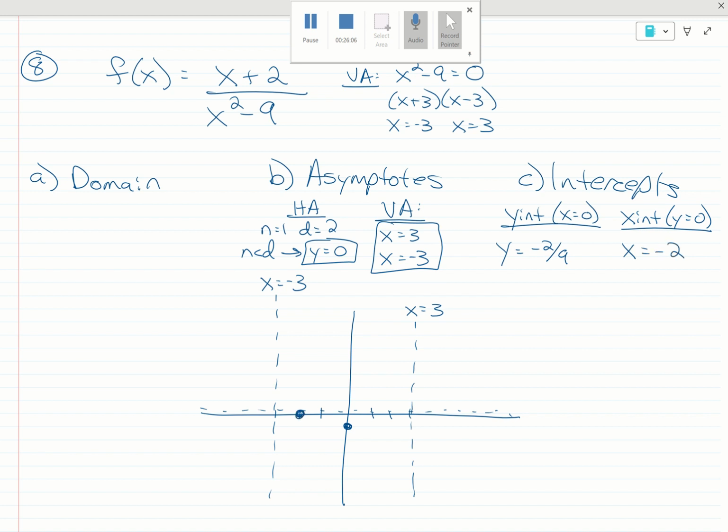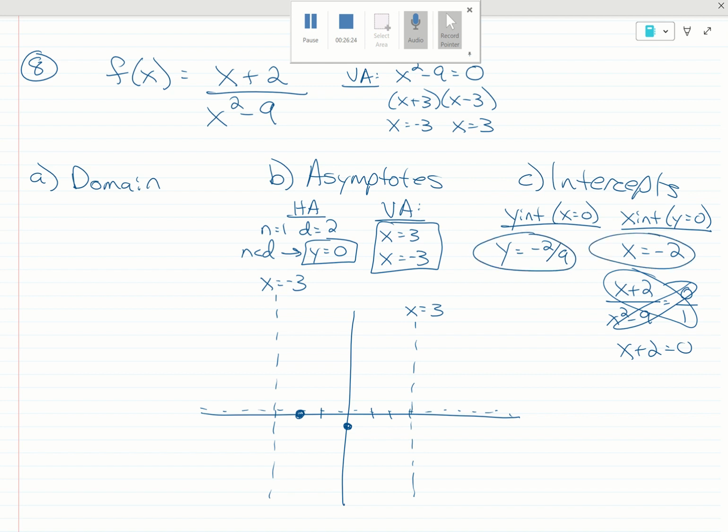If you just make y 0 and cross multiply, so we're doing x plus 2 over x squared minus 9 is equal to 0 over 1. So that's where x is negative 2 comes from. Just x plus 2 is equal to 0. So we have the y-intercept, we have the x-intercept.